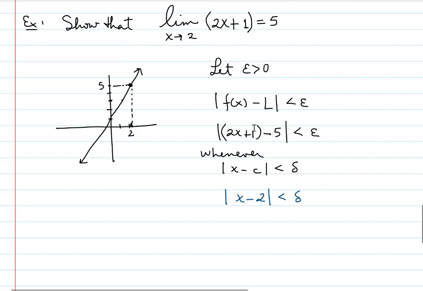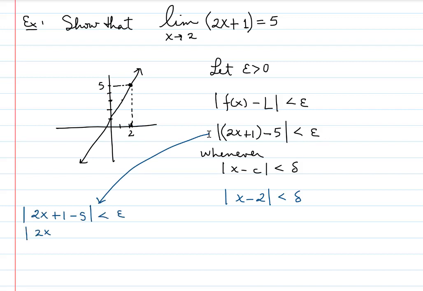The idea here is to work backwards from the end and try to make this fit into that, so that we can involve delta here with our inequality with epsilon. So we take this right here.